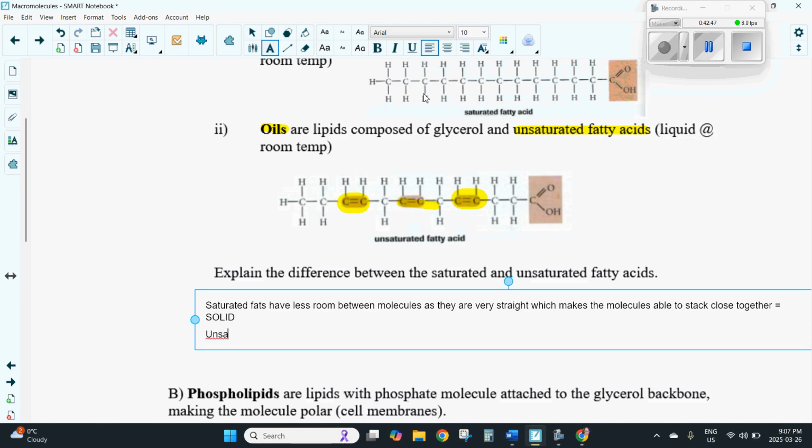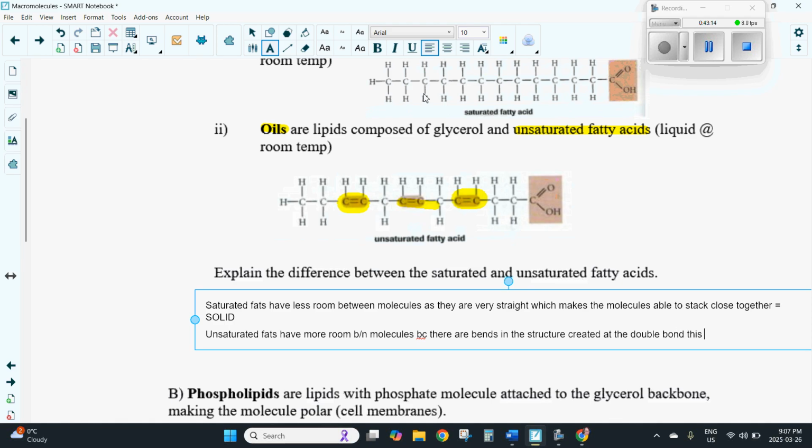Unsaturated fats have more room between molecules because there are bends in the structure created at the double bond.